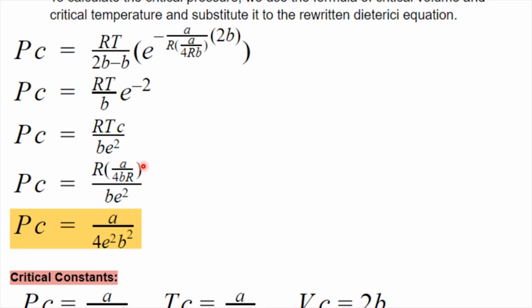And cancelling R, we get the critical pressure Pc is equal to a all over 4e squared b squared. And here's a summary of the critical constants: the critical pressure, critical temperature, and critical volume.